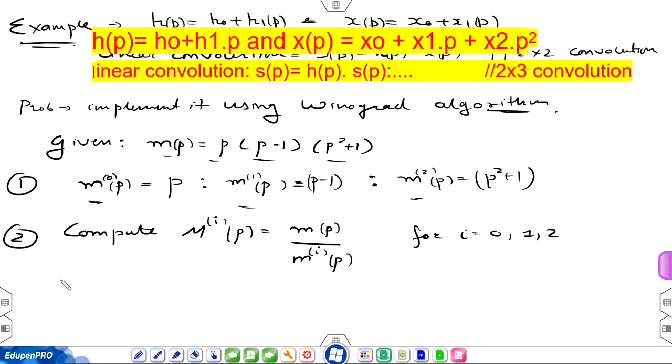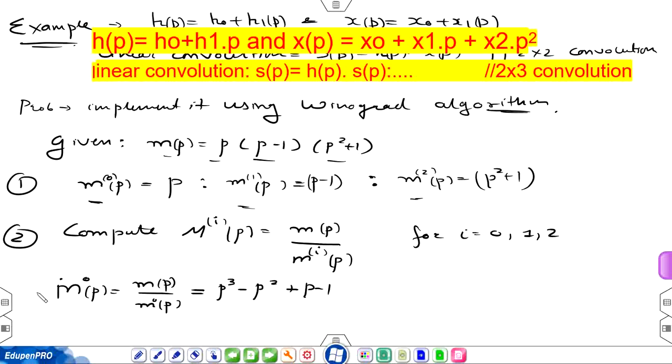So for i equal to 0 we have capital M0(p), that is m(p) divided by m0(p), and m0(p) is p and p will be cancelled out, and the product of the other two will be p cube minus p square plus p minus 1.